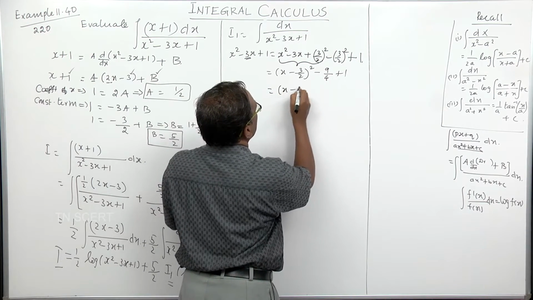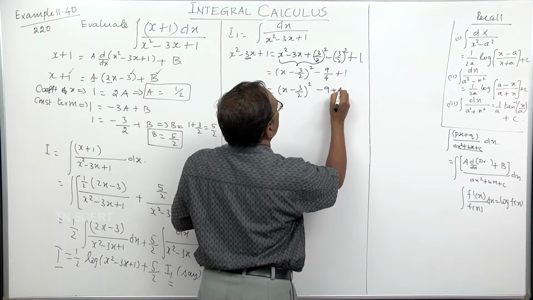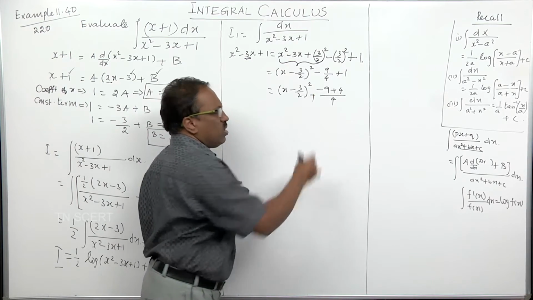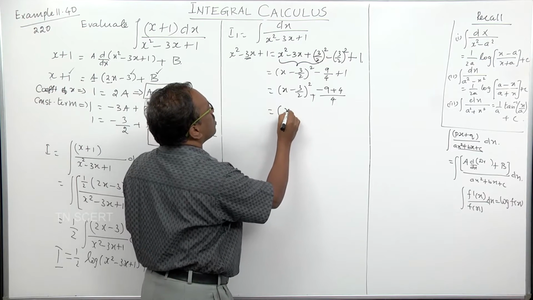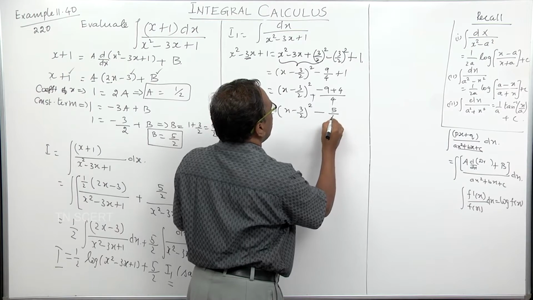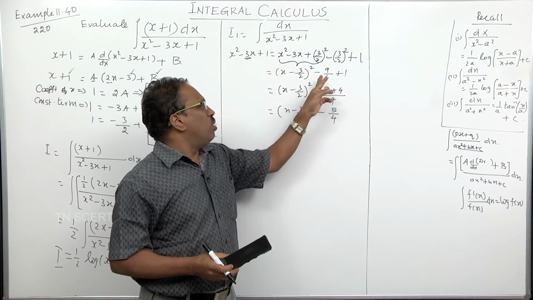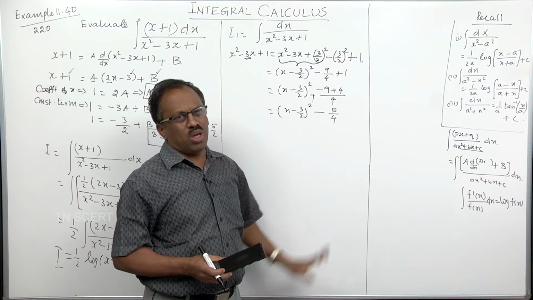Let us see. (x − 3/2)² − 9/4 + 1. Like this you do. So, I have written like this. So that means (x − 3/2)² − 5/4. Here, −9/4 plus 4/4 gives −5/4.